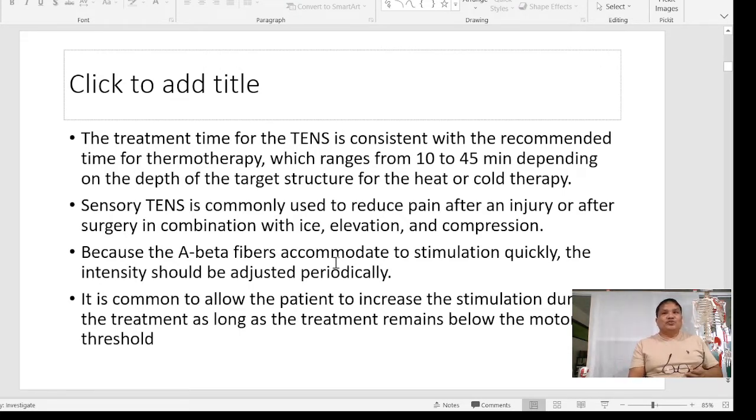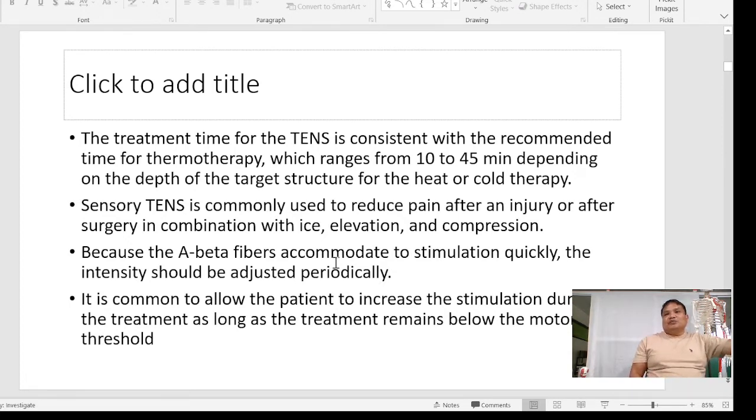So it will be used for a longer period of time. But if the pain is superficial, like nodules that are palpable, then it will subside quickly. So it's shorter. 10 to 20 minutes is already enough.